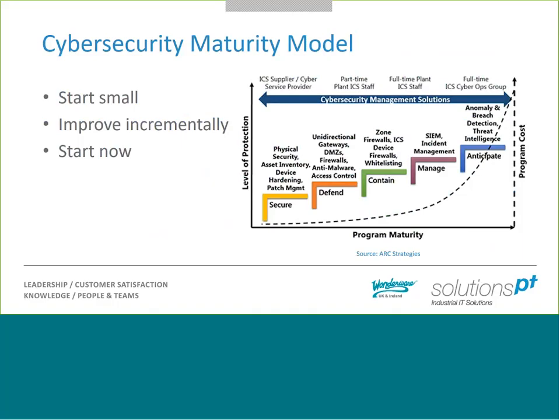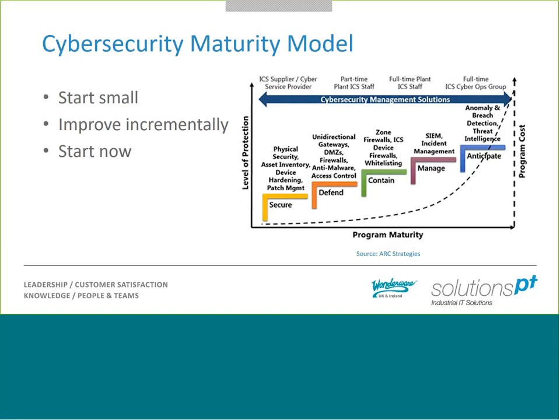And then what we've also done is followed, in terms of this system, a cybersecurity maturity model, and that's an ARC-defined one. So this image shows how you progress from not having any sort of security in place all the way to the later methods.